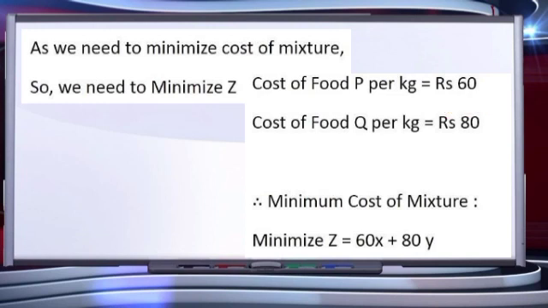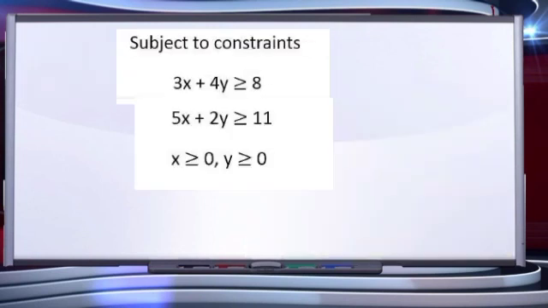So to minimize the cost of the mixture, we need to minimize our total cost, that is 60x plus 80y, where x is the number of units of food P and y is the number of units of food Q. So our function to be minimized is Z equals 60x plus 80y, subject to the constraints 3x plus 4y greater than or equal to 8, 5x plus 2y greater than or equal to 11, and x greater than or equal to 0, y greater than or equal to 0.